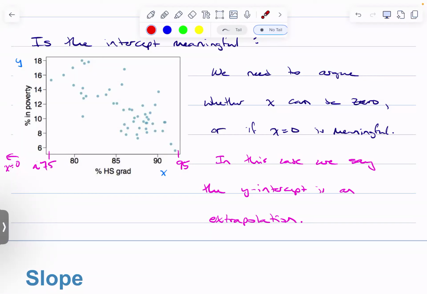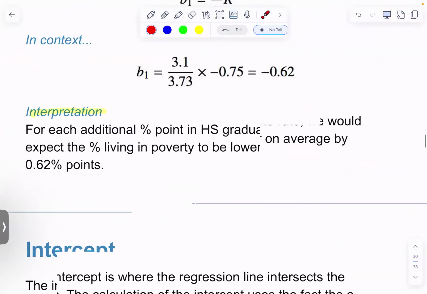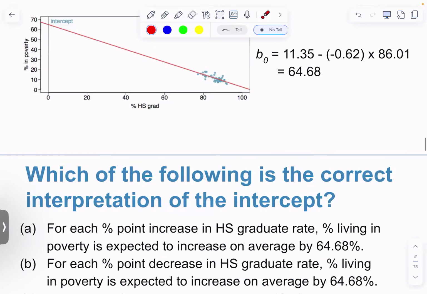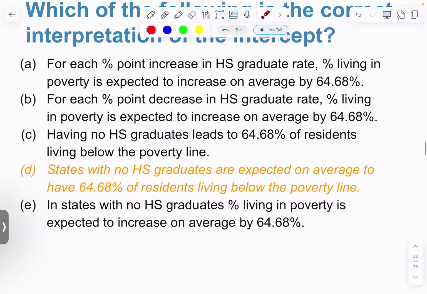Okay? And so, nice. I think I talked too much. But here, the intercept, so where the regression line intersects the y-axis, and so this is what it would look like, right? But our line is really only useful in this little short range, right? And so we call it an extrapolation. I don't like those ones.